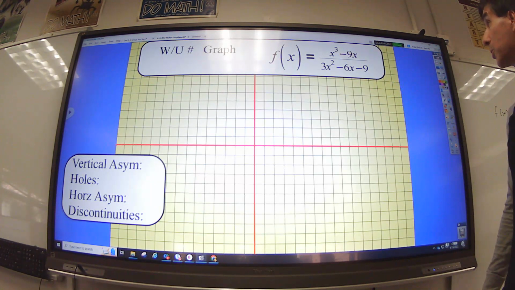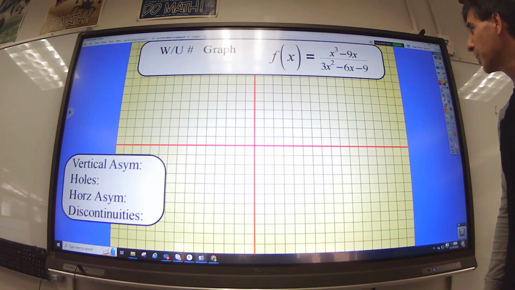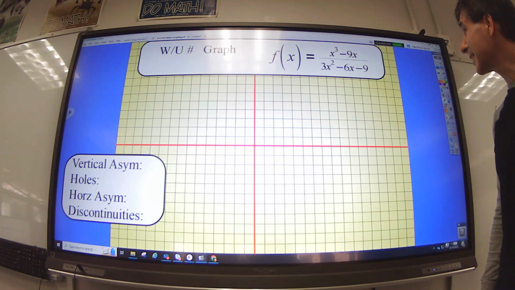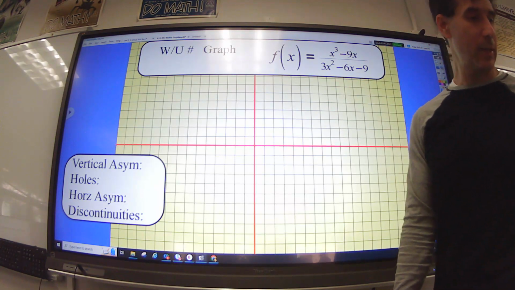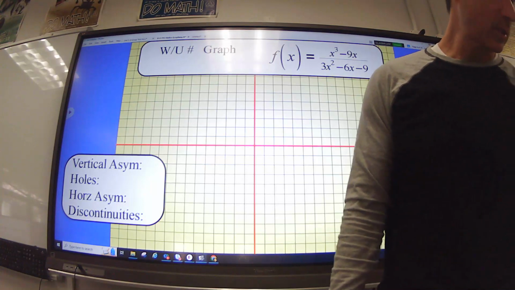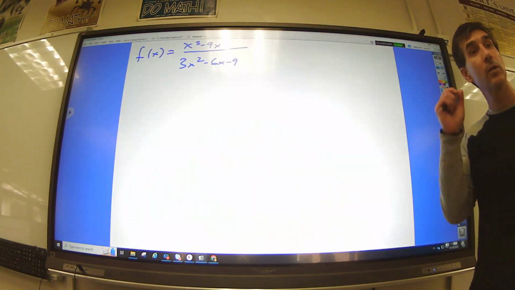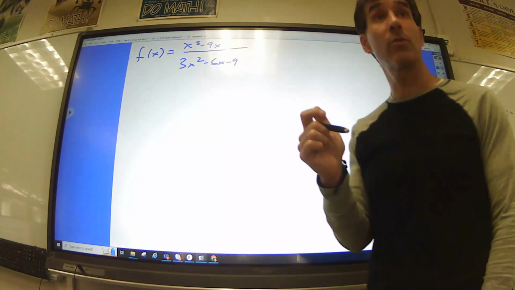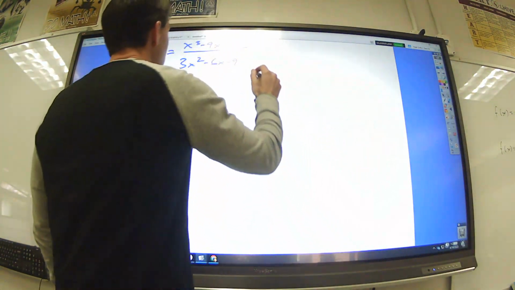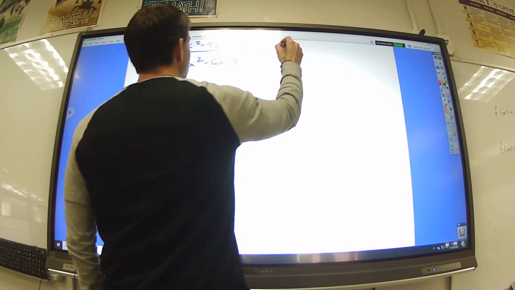Graph f of x equals (x cubed minus 9x) over (3x squared minus 6x minus 9). Let me go ahead and write that out. Okay, so our first step is going to be to set equal to 0 and factor. I am going to factor it first.